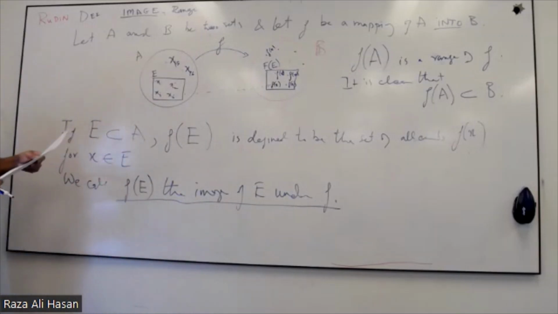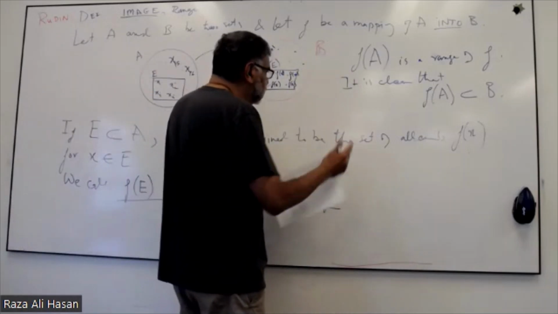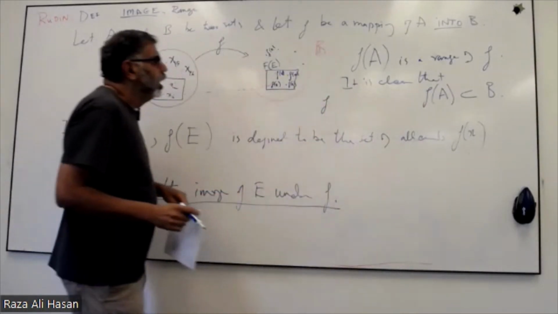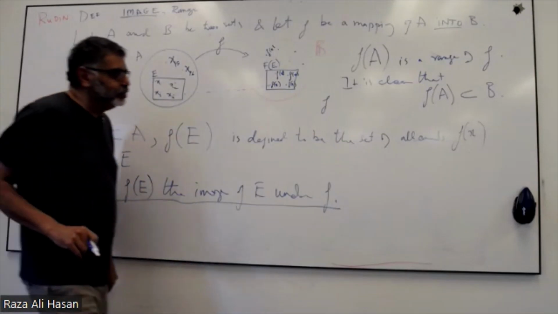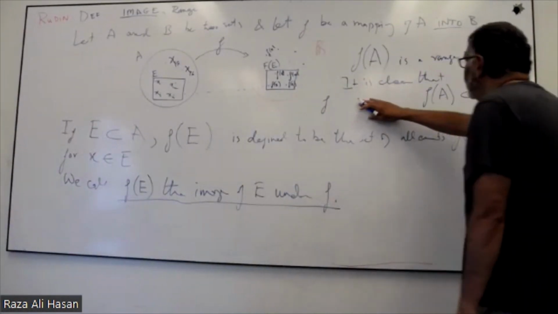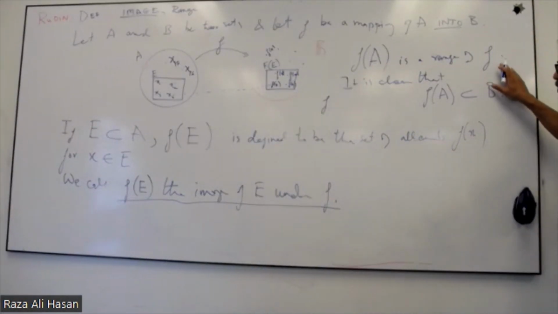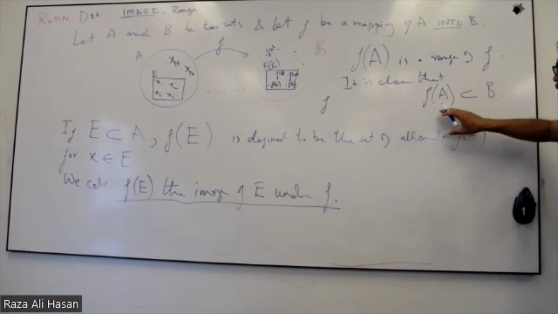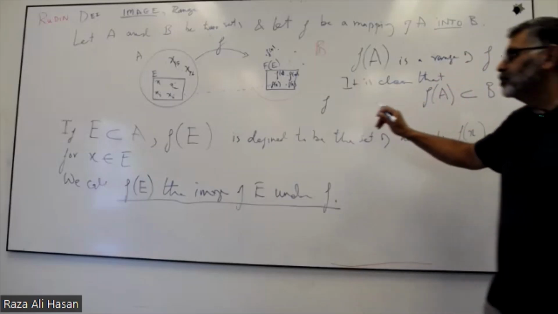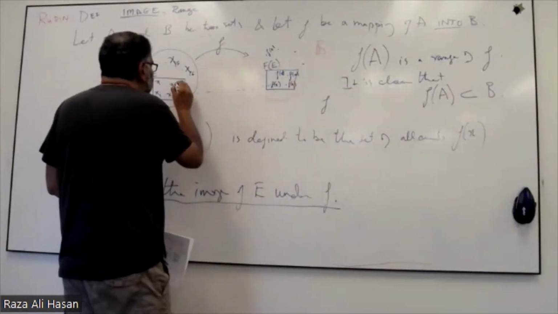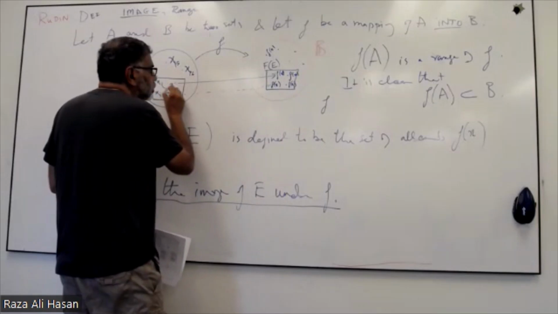And I think I should stop because, sorry. Okay, let's back up. What does this mean? If f of A is the range of f, it is clear that f of A is a subset of B. What's the other way of saying that we just saw? So let me draw a better picture. So we have this going here.